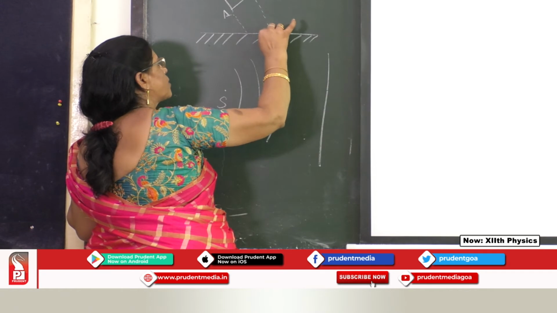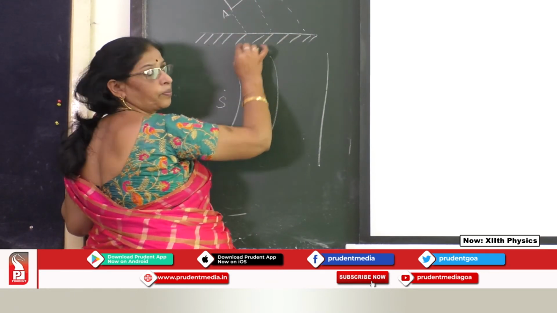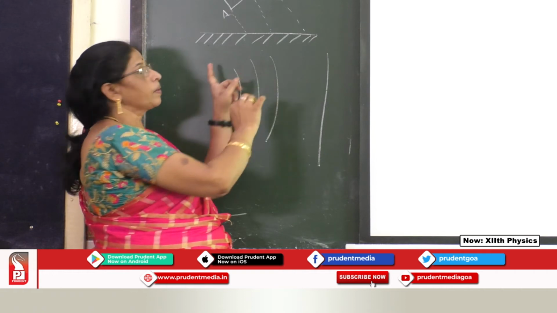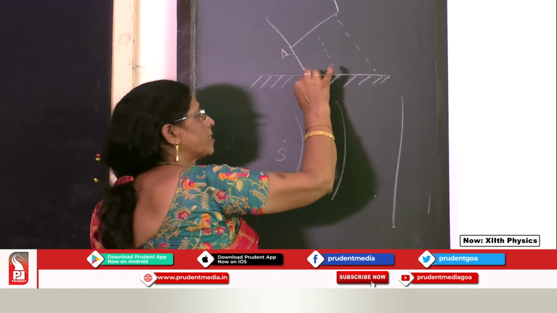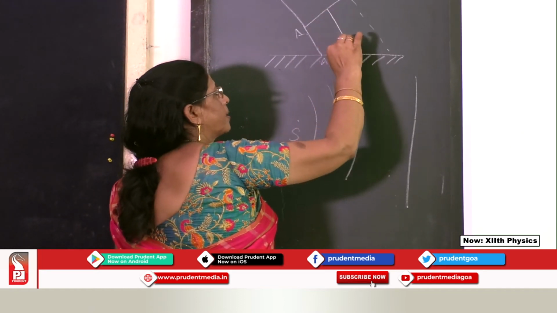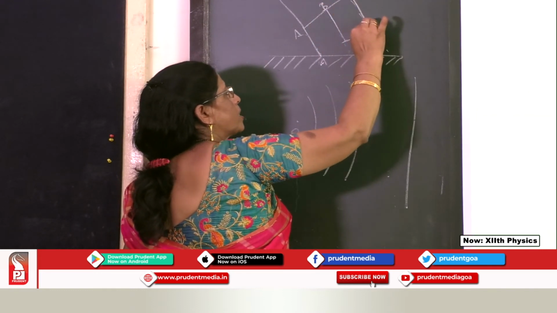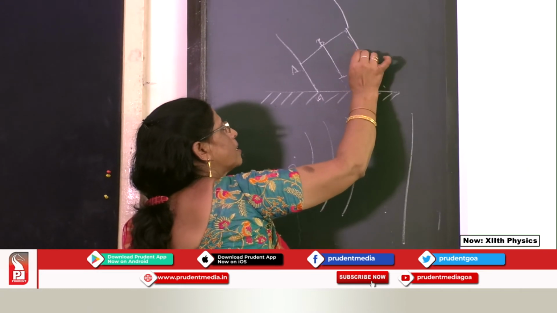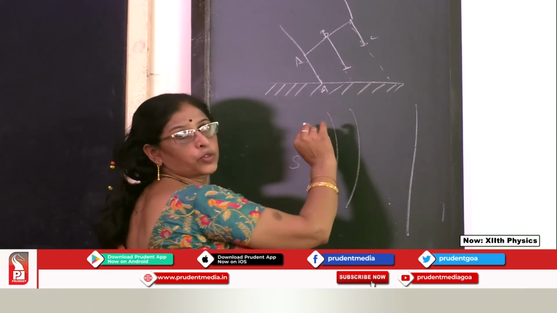When it reaches the surface, A will reach first. Point B reaches over here, whereas point C reaches a little further. Now A reaches first.